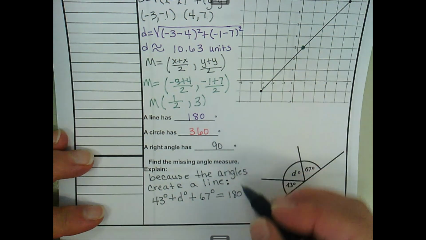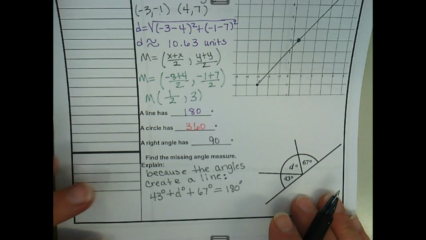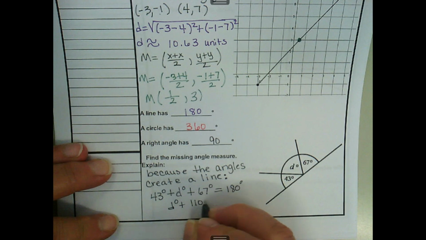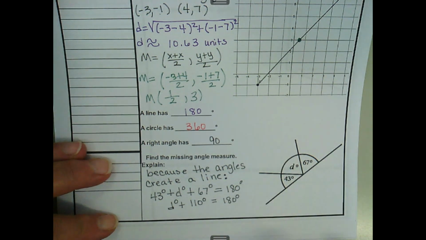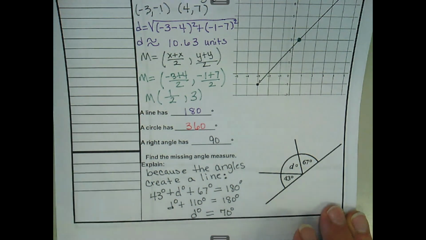Why? Because we just told everybody up here that there's 180 degrees in a line. Now, combining like terms. D degrees plus 110 degrees is equal to 180 degrees. Subtracting 110 from both sides, D degrees is equal to 70 degrees, and we're done.